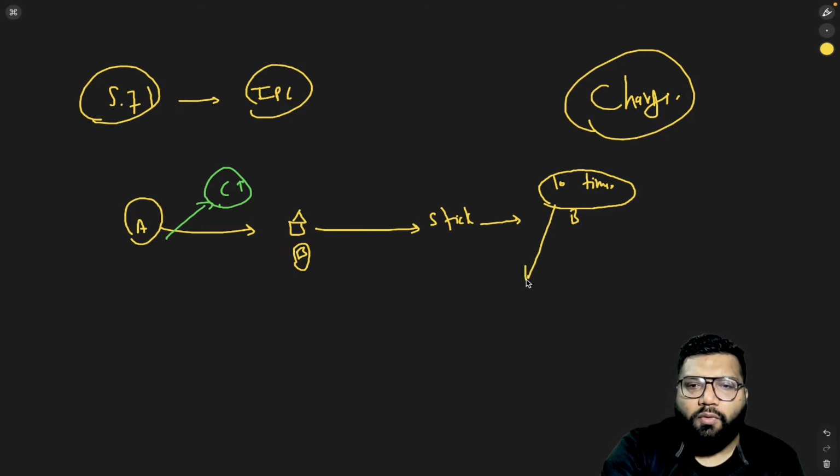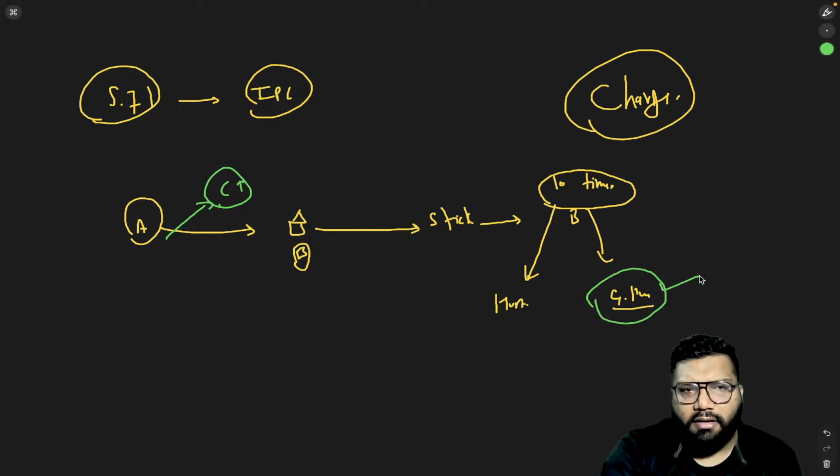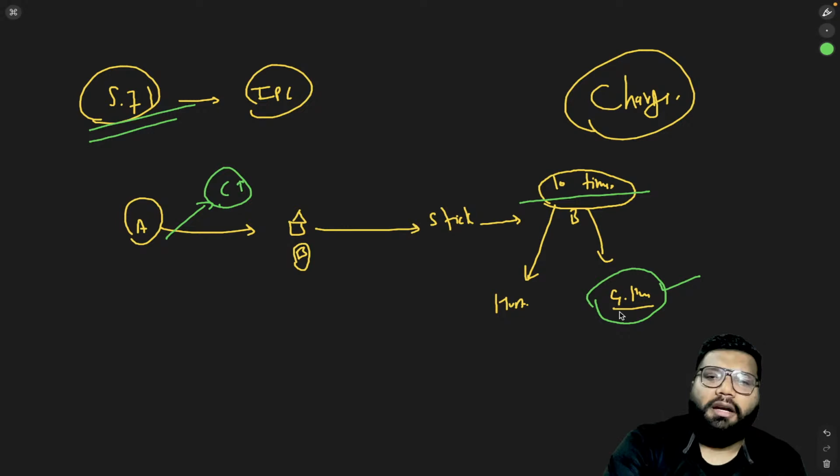Now, if A gives blows of that lathi 10 times to B, can you say you will put 10 counts of hurt or grievous hurt? The answer is no. You will put only one charge, either hurt or grievous hurt. Because it is 10 times, the probability of grievous hurt is higher here. So section 71 makes this concept very clear: if one is beating B 10 times, you will not put charges 10 times of grievous hurt.